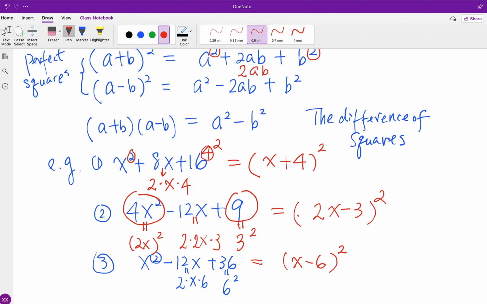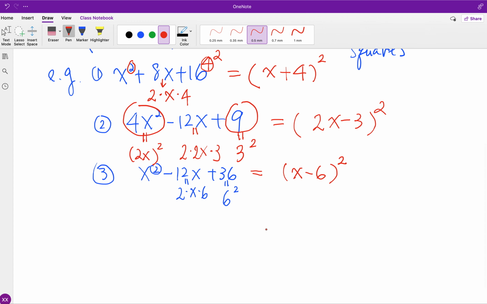Now, let me also demonstrate another question where you have to do one extra step. So what's going on here is, question number 4 is 3x squared subtract 30x plus 75. Now, right away, you should be able to see that every single term has a factor of 3.